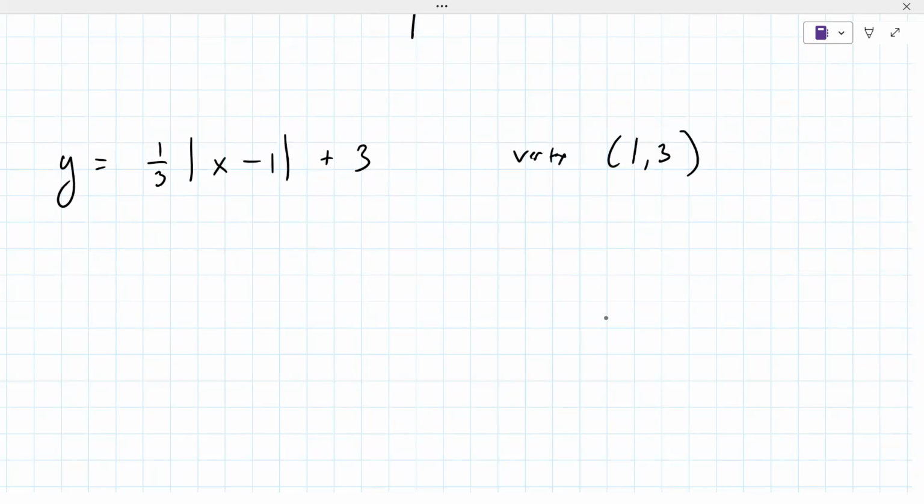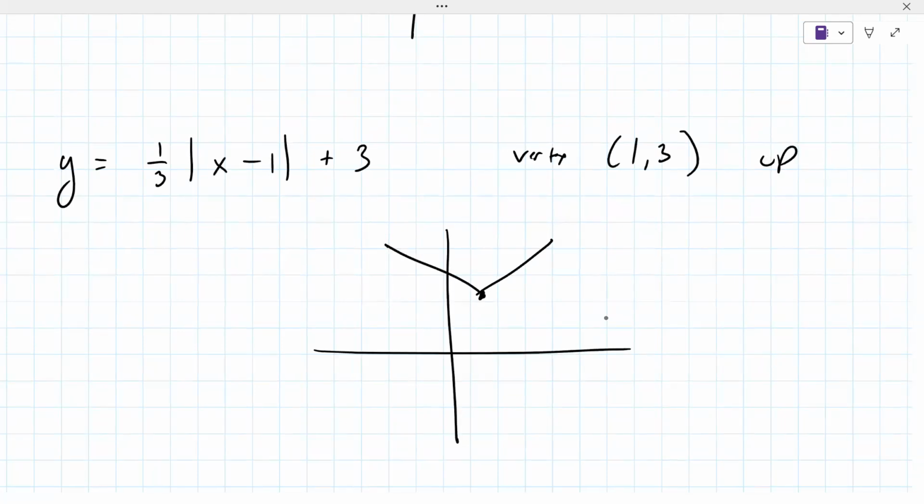Let's do another one here. Y equals 1/3 absolute value x minus 1 plus 3. What is the vertex? 1, 3. Does it open up or down? It would open up. So there's the vertex.